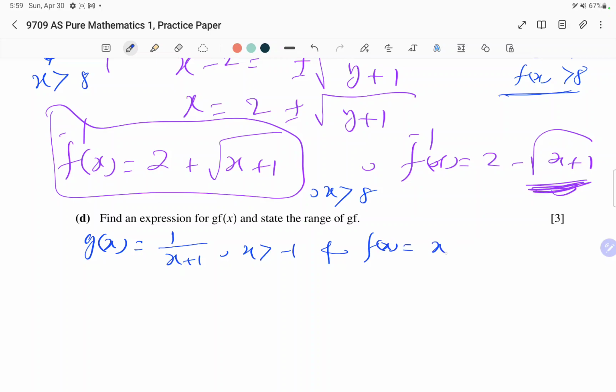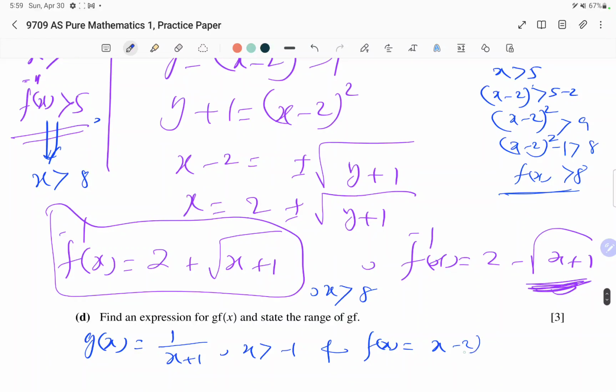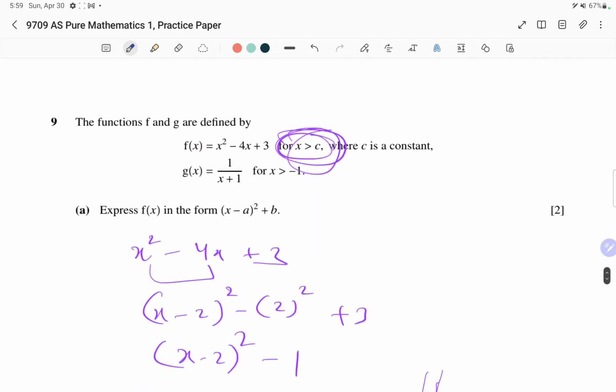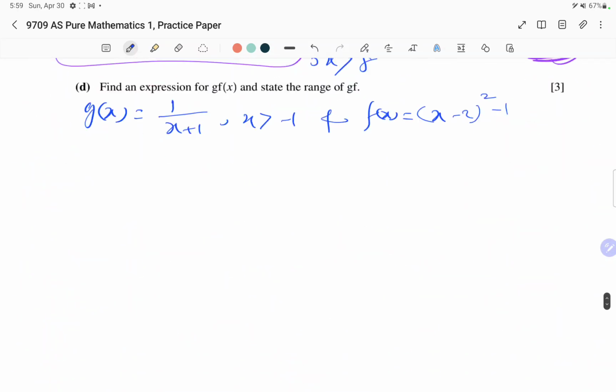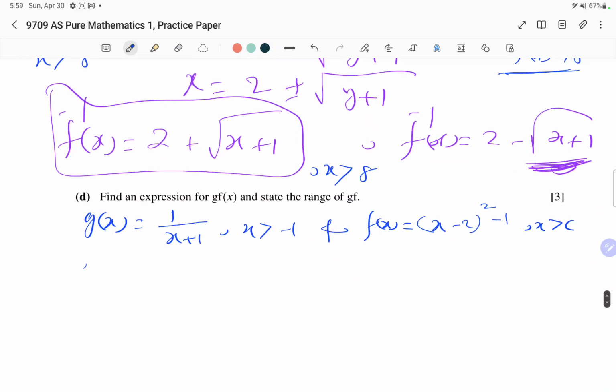And f x we already found: (x minus 2) whole square minus 1. And the d part is totally different; the domain will be in terms of c. So g x is 1 over x plus 1, x greater than minus 1, and f x is (x minus 2) whole square minus 1. What we have to write is g of f x, right?